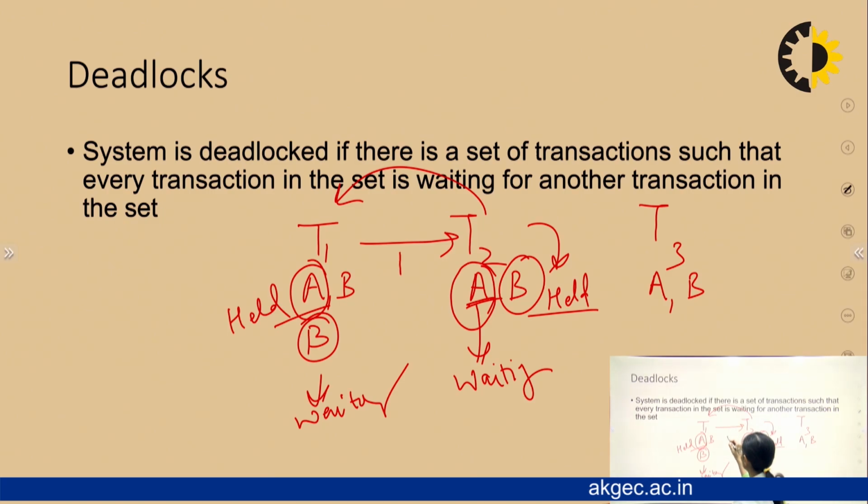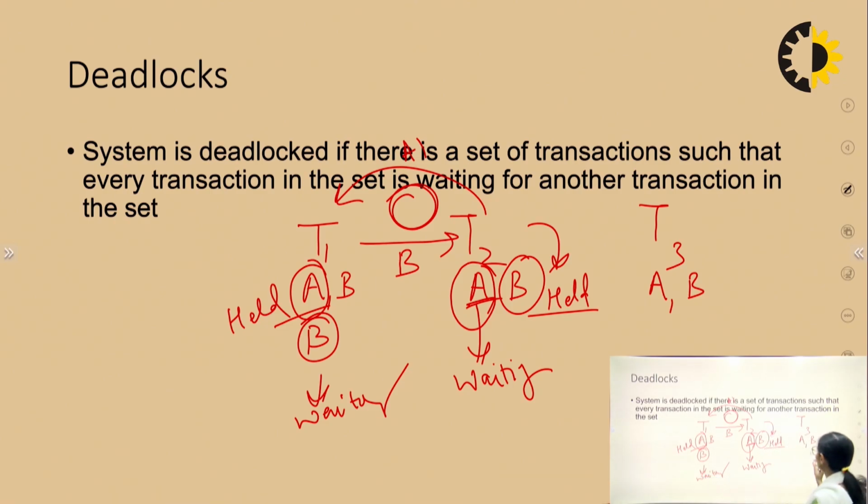So T1 is waiting for T2 on data item B, and T2 is waiting for T1 on data item A. So there is a deadlock, because no transaction is proceeding further. Their execution has halted. There is no progress in T1 and T2. So this is my deadlock condition.